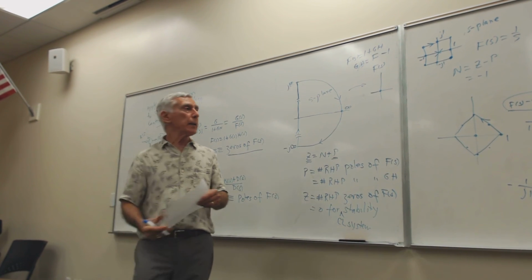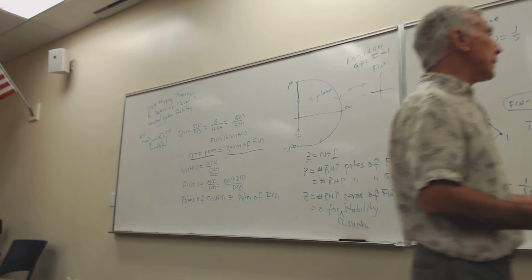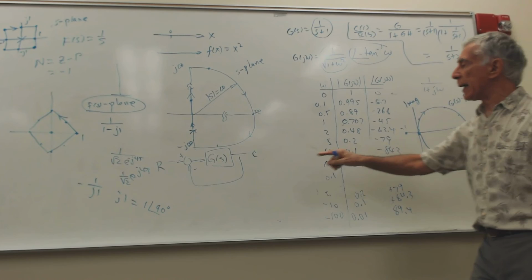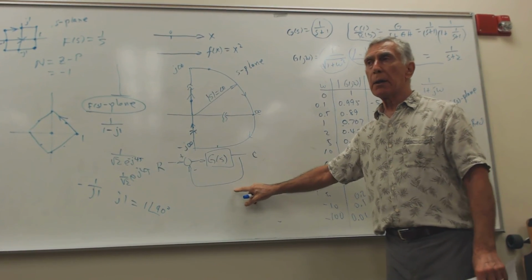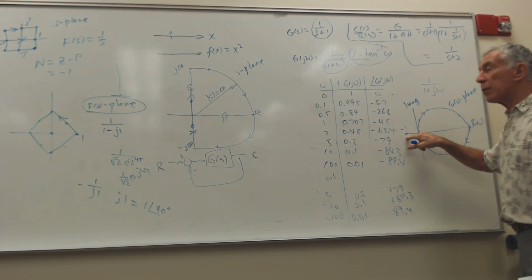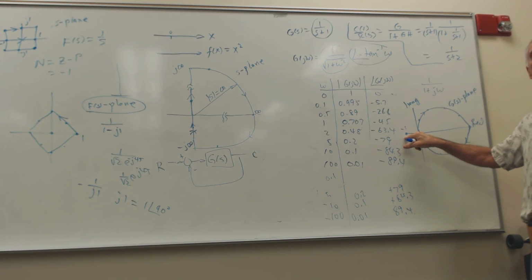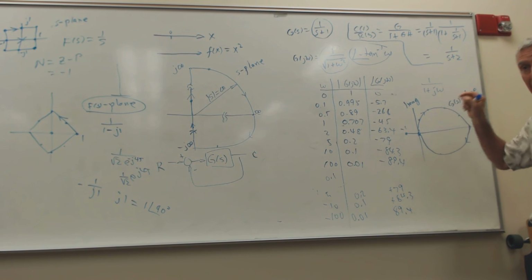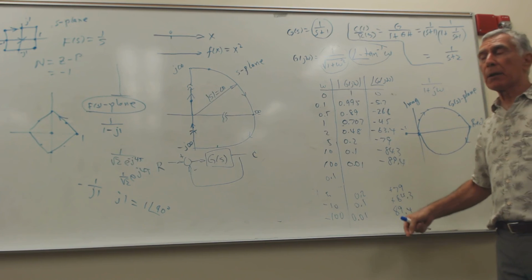Okay, and if you go back to this problem here, we did plot GH because H was equal to 1. And so for the -1, how many net clockwise encirclements about the -1 do we have? Here's 0. So N is equal to 0.